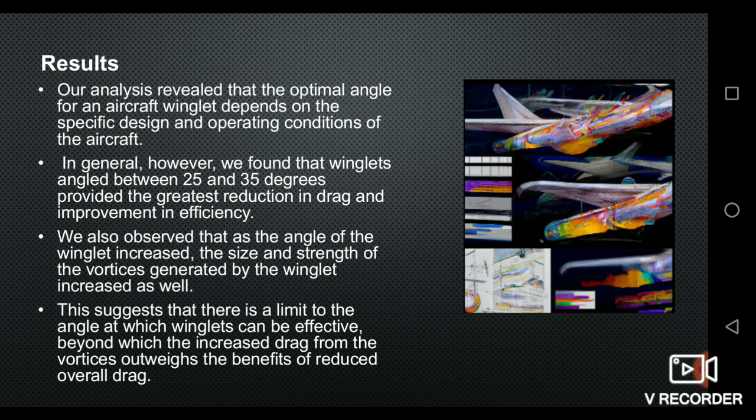I suggest that there is a limit to the angle at which winglets can be effective, beyond which the increased drag from the vortices outweighs the benefits of the overall reduction. So I understand that there will be an exact limit at which we are able to predict the drag in any curve format with respect to other parameters. But whenever we extend beyond the limit, the drag suddenly tends to increase.